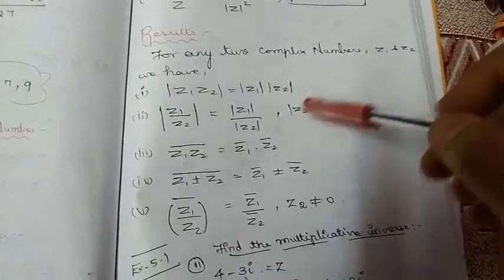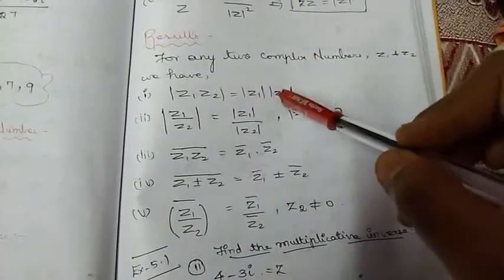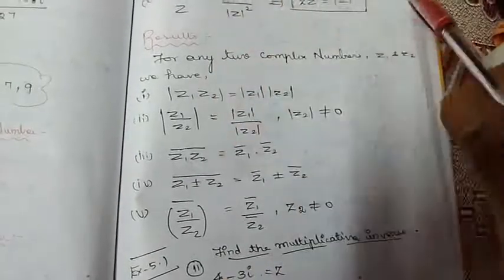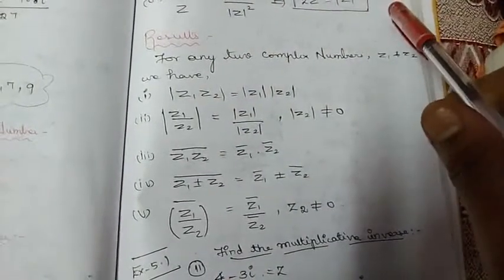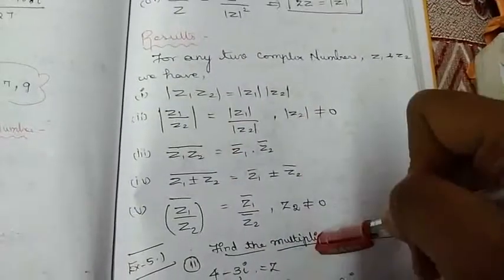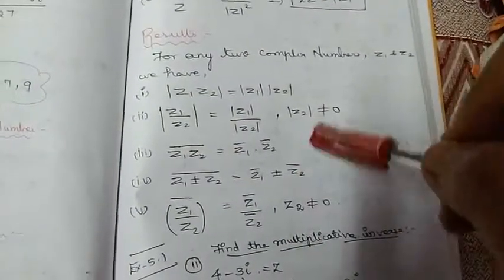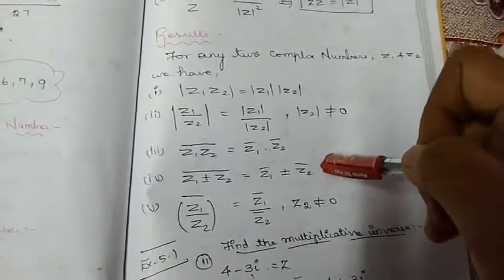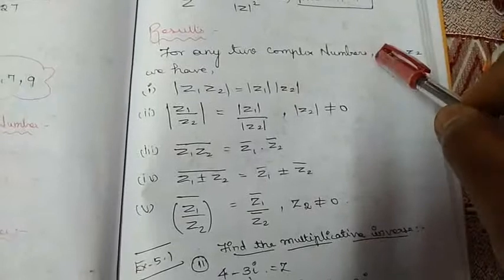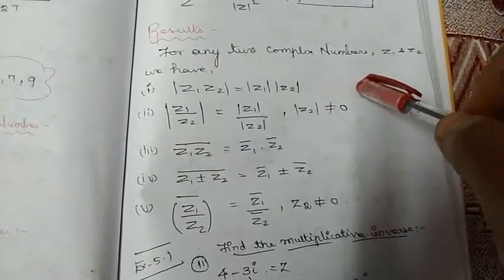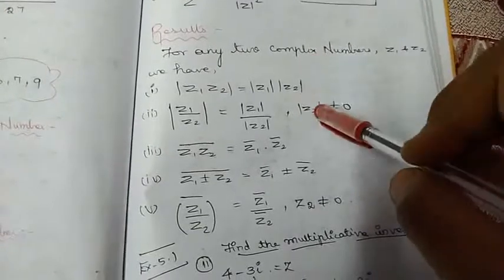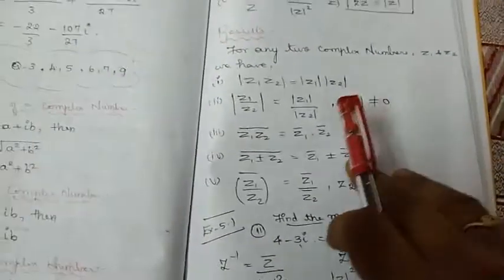And if you see keenly, the modulus is true only for multiplication and division, not for addition and subtraction. Whereas the conjugate is true for all the 4 operations: multiplication, division, addition, subtraction. Kindly remember, because when it comes to modulus, it is square root of a square plus b square, which is not true for addition and subtraction. It is true only for multiplication and division, right?